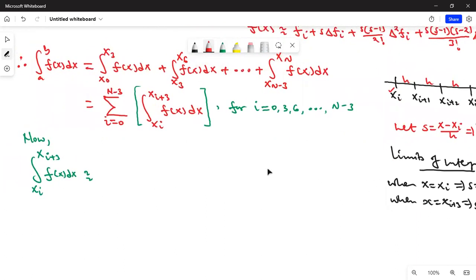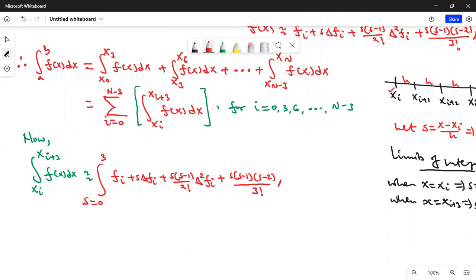So let me replace everything. This is approximately equal to the integral from s equals 0 to 3. Our polynomial is fi plus s delta fi plus s minus 1 over 2 factorial delta squared fi plus s minus 1, s minus 2 over 3 factorial delta cubed fi.